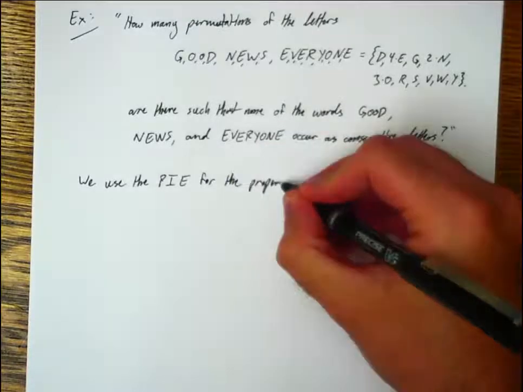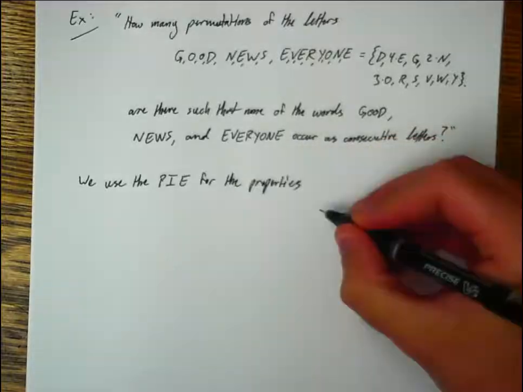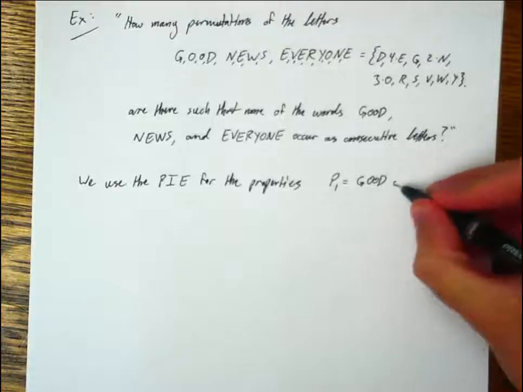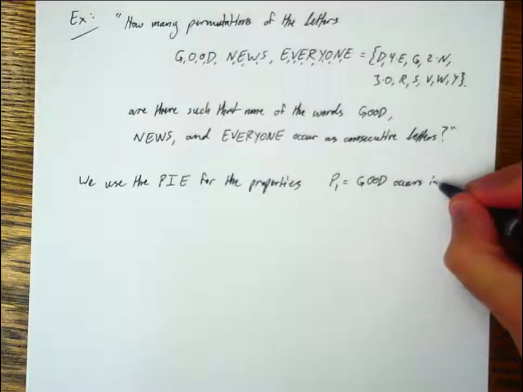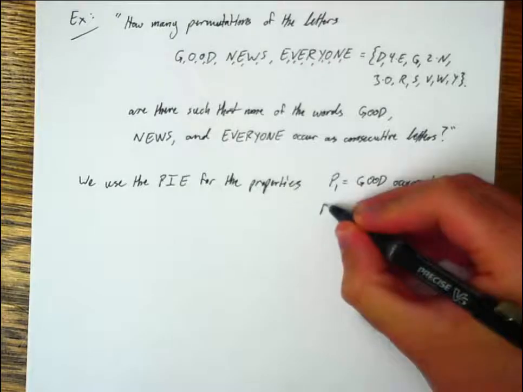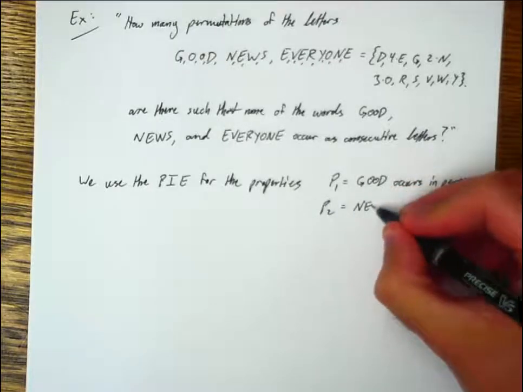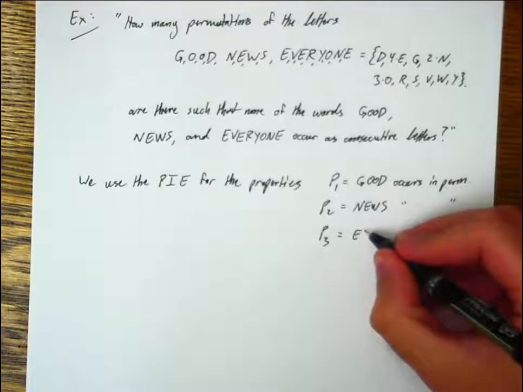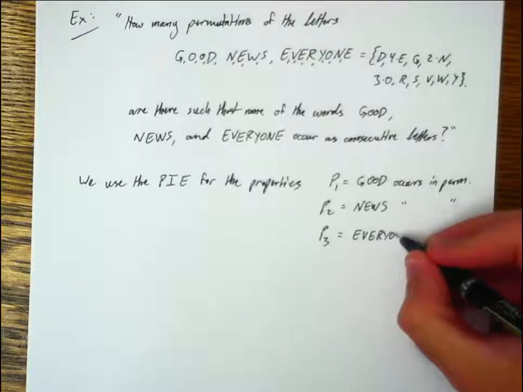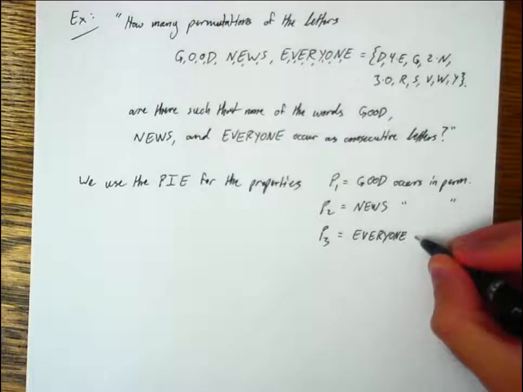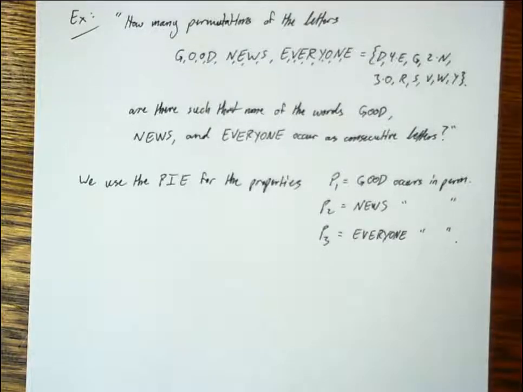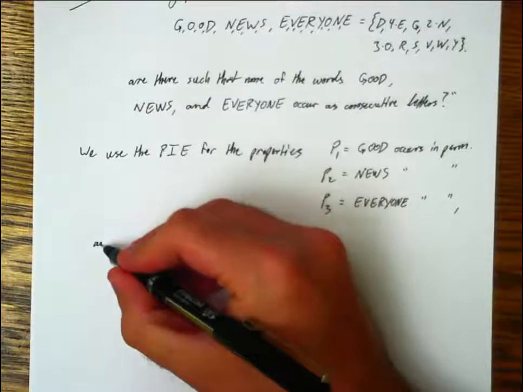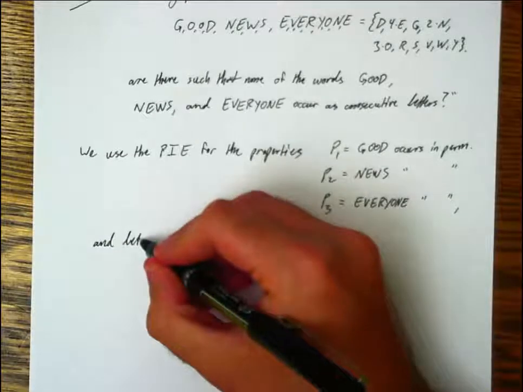for the properties P1, and this is good occurs in the permutation. P2 will be news occurs in the permutation. And property 3, everyone. See, you all are involved. Everyone's included in the permutation. All right. So we're going to use that collection of properties, and we're going to use some shorthand set notation here.